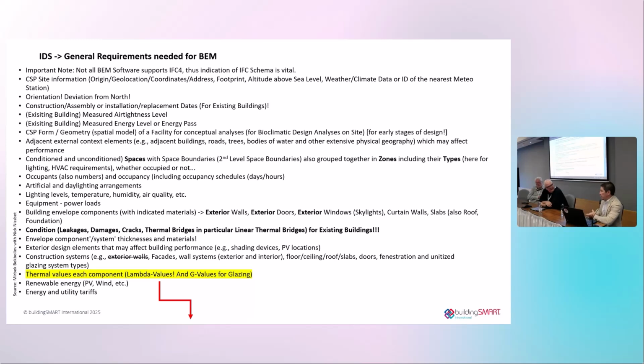Spaces also come with spatial boundaries, like second level spatial boundaries. You need openings, windows, and everything should be properly mapped with IFC. Otherwise, the classification will not work and your energy simulation will ask you what that object is at all. So that is most important that you have to go through.